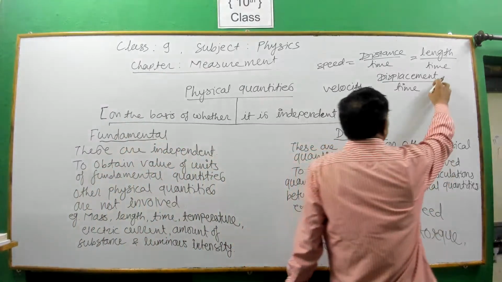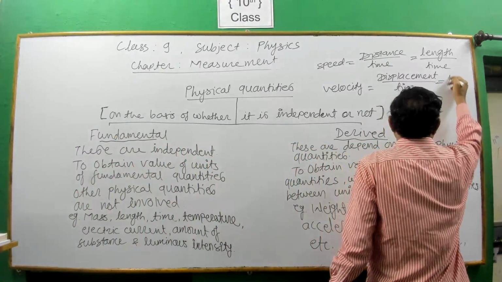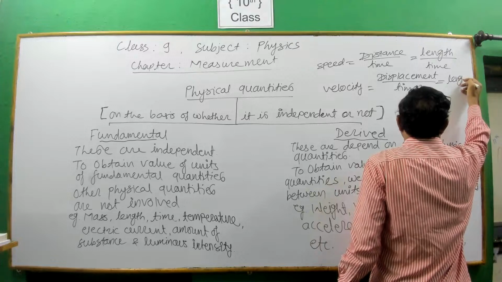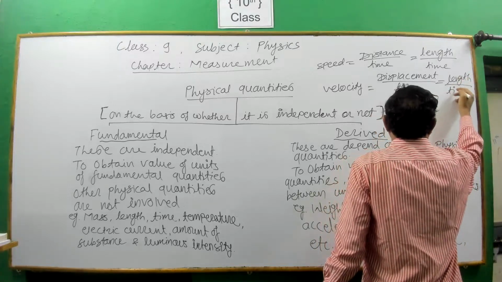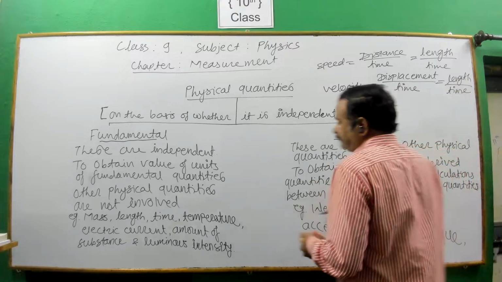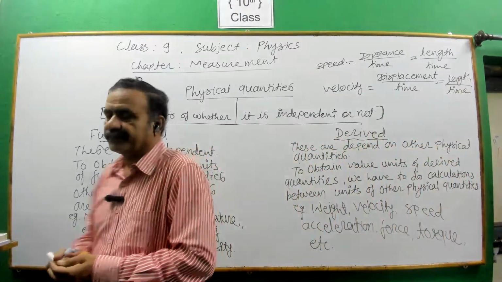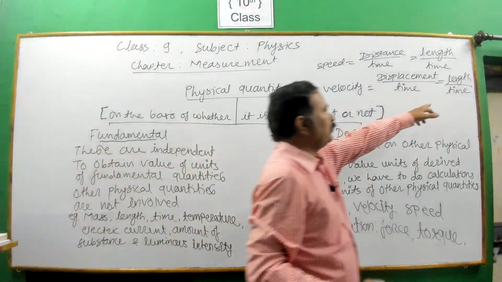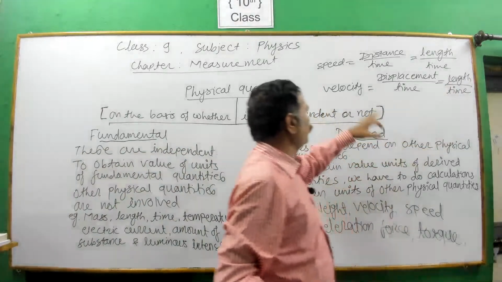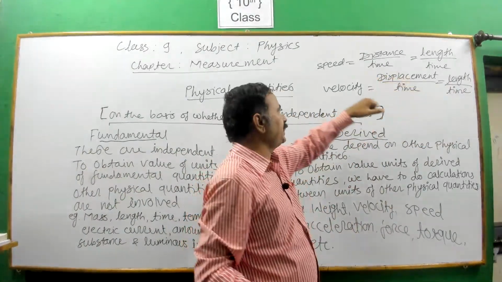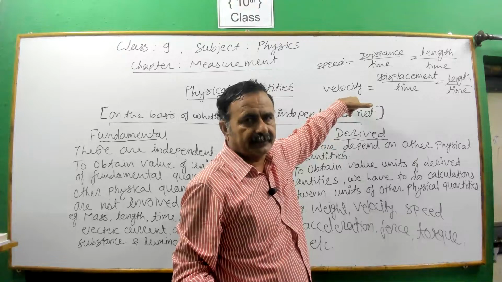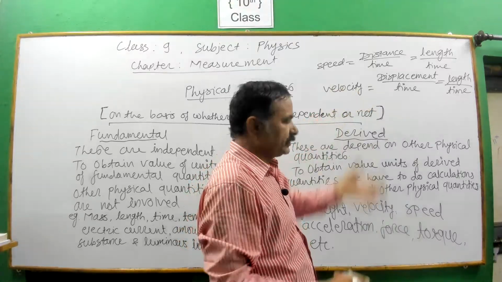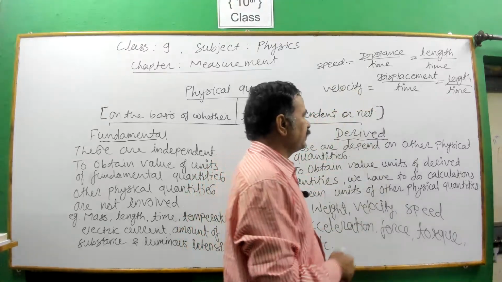Displacement is nothing, it is also one type of length divided by time. ये दो फंडामेंटल क्वांटिटी में हम लोग जब कैलकुलेशन करते हैं, then at that time we get the value of velocity. So that's why velocity is also a derived quantity.